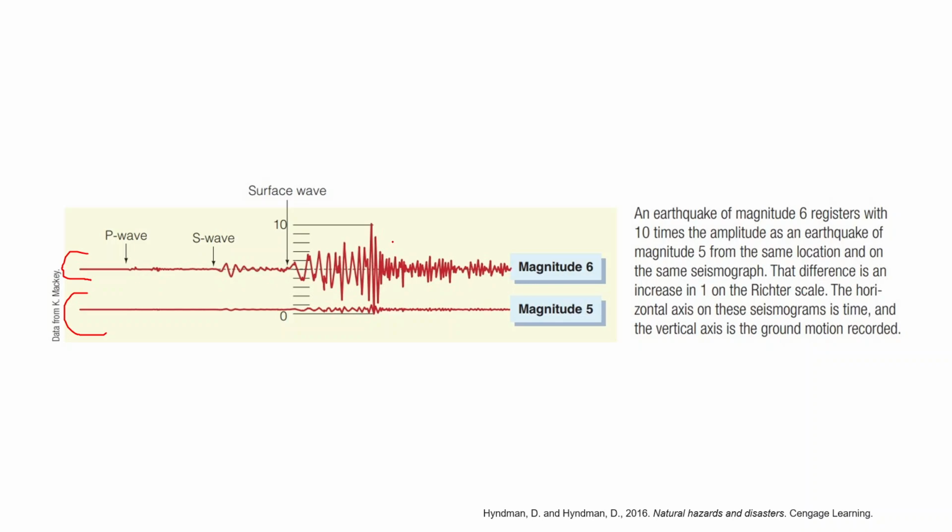You should not think that if a magnitude 4 earthquake struck in a place and a magnitude 5 earthquake struck in a nearby place, it's just a one scale difference on the Richter scale, so what large thing might have happened? That's not the case. The amplitude is significantly higher, so the effect will be more in the case of magnitude 6.